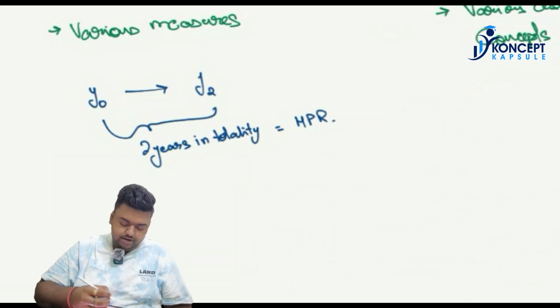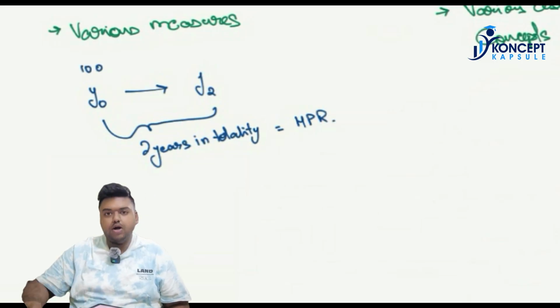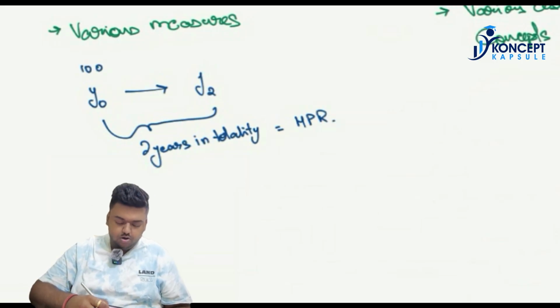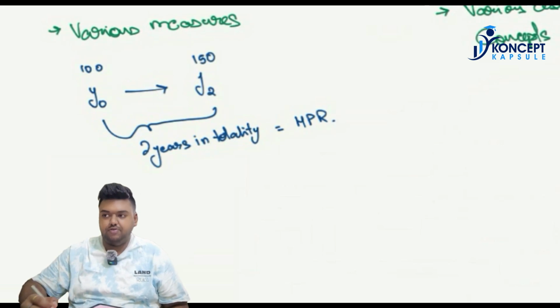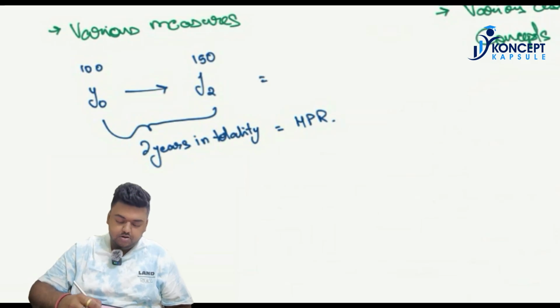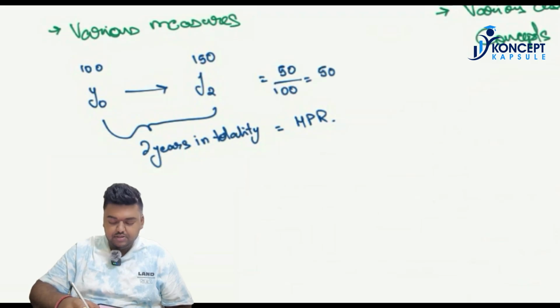So basically, for example, if you have bought it at 100 and sold the asset after 2 years at 150 rupees, your holding period return will be nothing but you have earned 50 on an investment of 100, which is 50%.